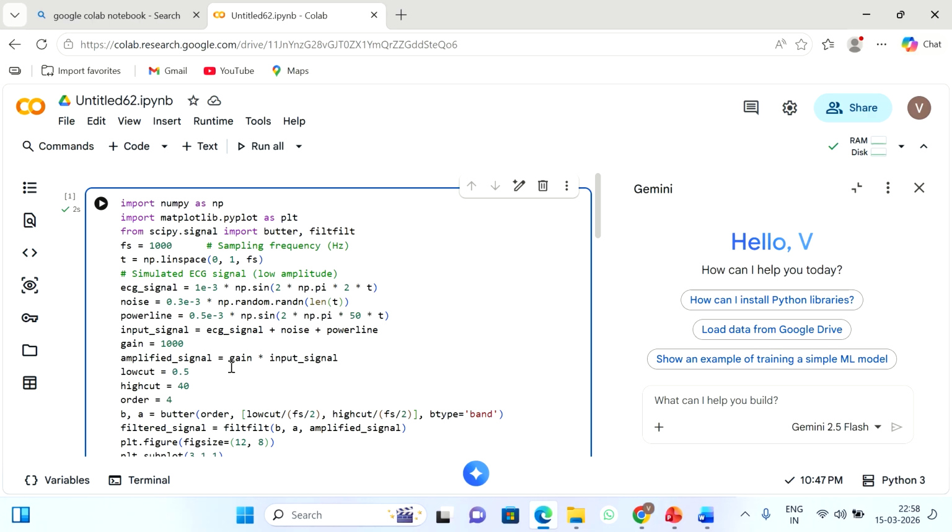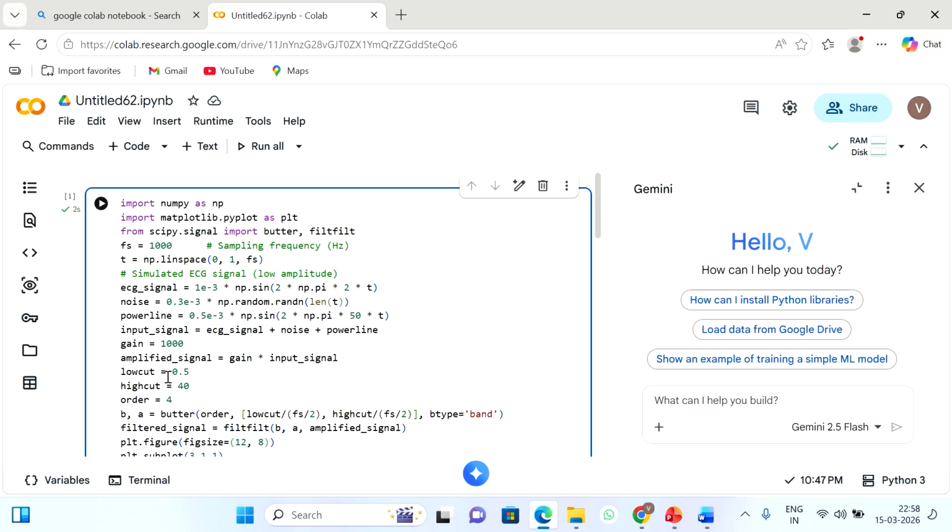Output is equal to input into gain. And here, for the low cut, it is a low pass filter type we are taking. So low pass filter means, sorry, a band pass filter we are taking into account. So a band pass filter will have two frequencies, a lower cutoff frequency and a higher cutoff frequency.